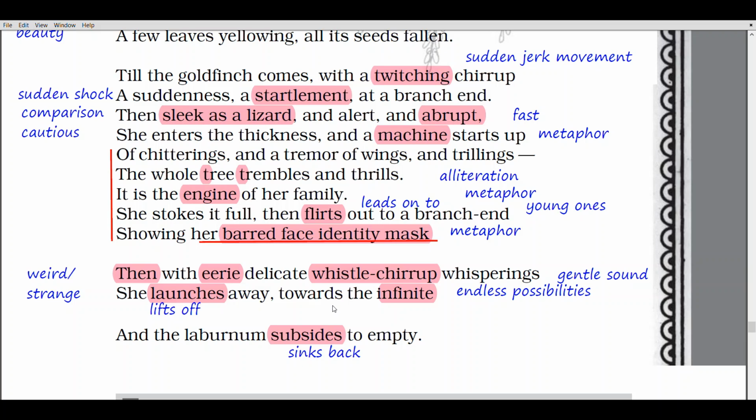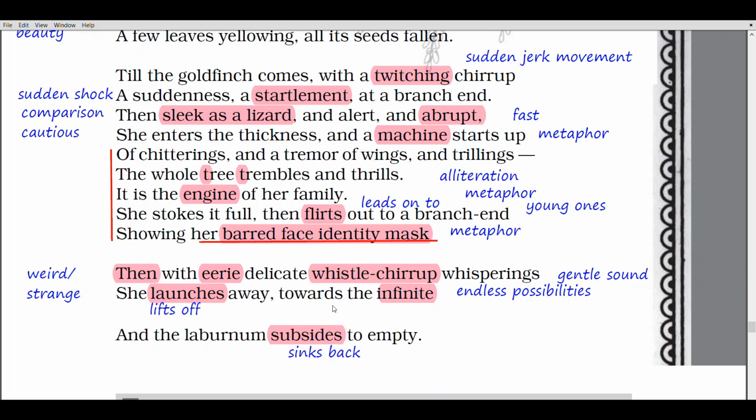So here the poet is talking about how she is leaving the tree and flies off to infinite, flies off to endless possibilities. But she will be back again, to feed her young ones. Until she comes back, the laburnum tree will be lifeless, silent and still.